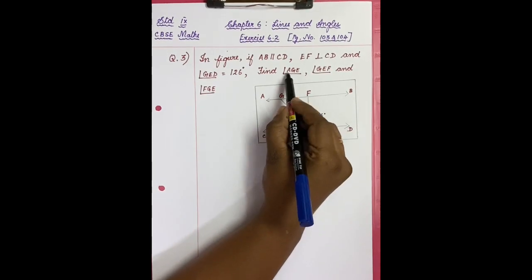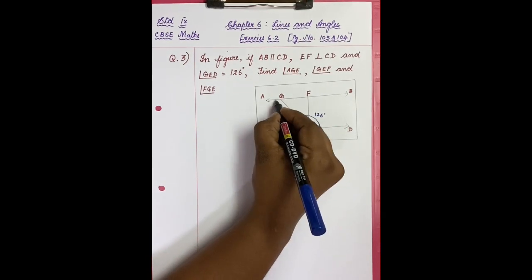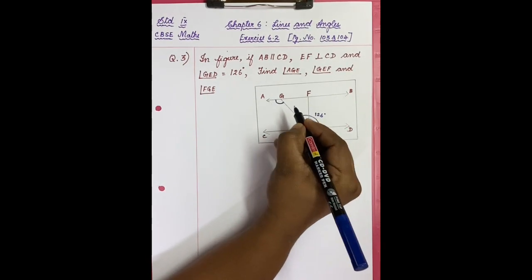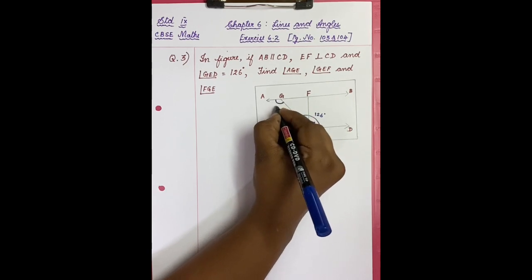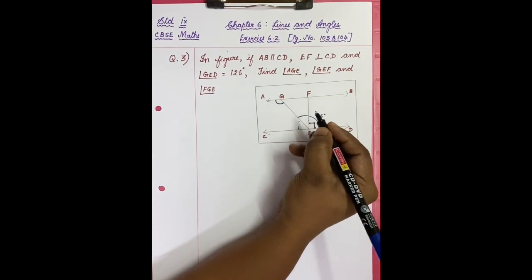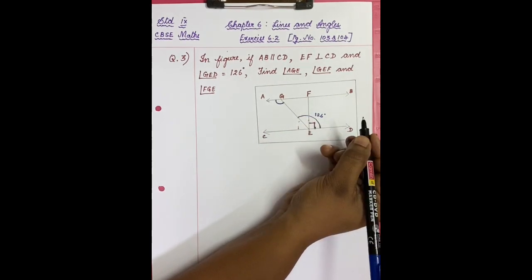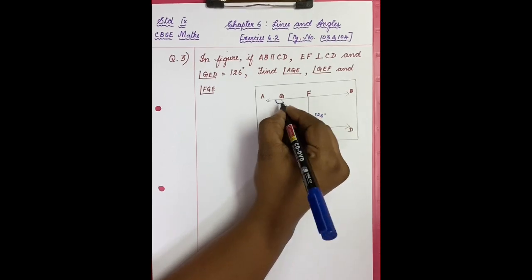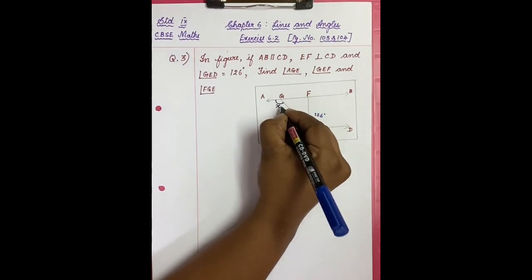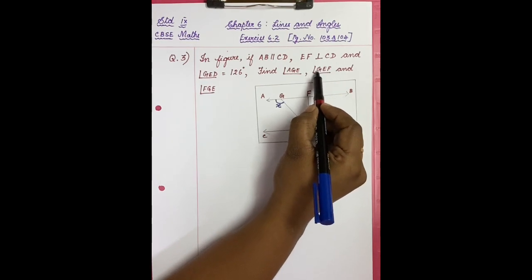Find AGE. So this angle is unknown. Since nothing is given, we will mark. We can either use alphabets X, Y, Z or small alphabet A, B, C or numbers 1, 2, 3. Whichever is convenient for you, you can use. So let me use X. And then you should also find GEF.